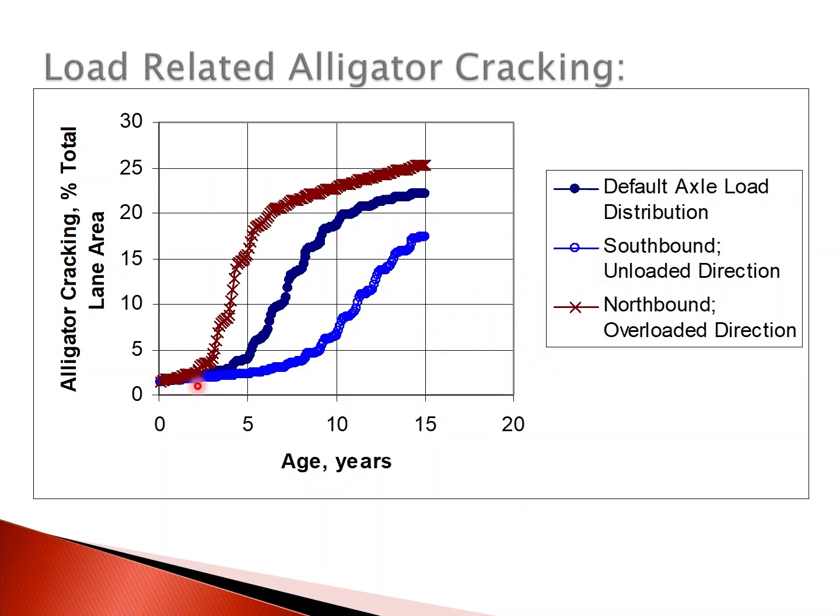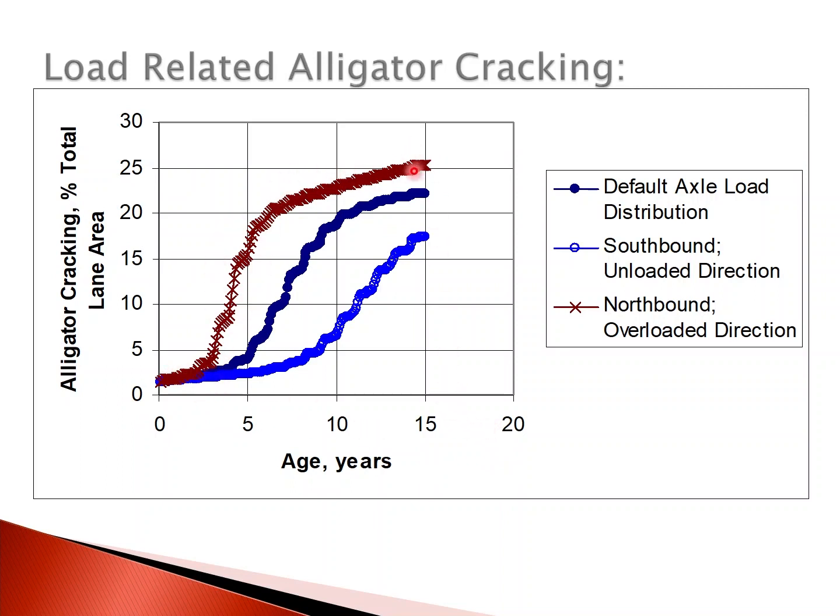So this is the southbound predicted amount of bottom-up fatigue cracking where we have a higher percentage of unloaded trucks. The third run was the use of the overloaded trucks in the northbound direction. That's the X's, northbound, that are overloaded or have a higher percentage of overloaded trucks. And this is the predicted bottom-up alligator cracking over time.